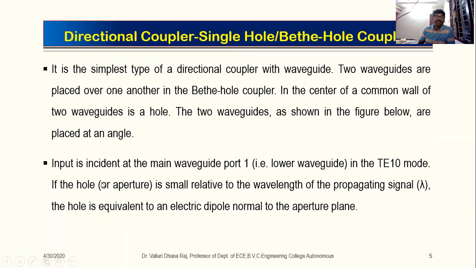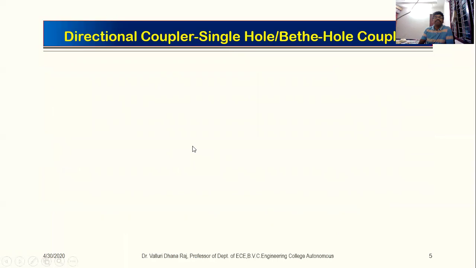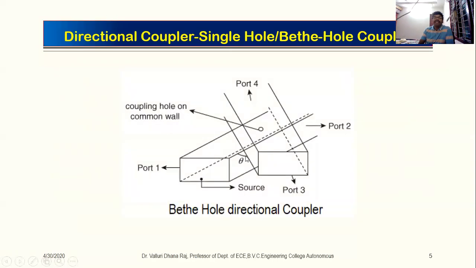Through that hole, the energy from the primary waveguide will be coupled to the secondary waveguide, but here the amount of coupling will be decided by the angle made by the two waveguides. This is the primary waveguide and this is the secondary waveguide. The amount of coupling between them will be decided by the angle theta.